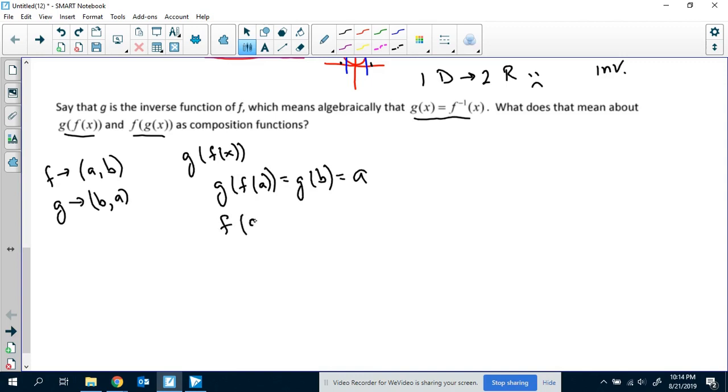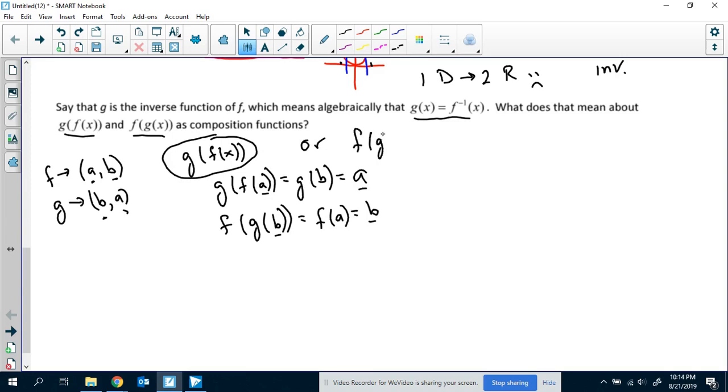Likewise, if I take F of G of B, I get F of A, which is B. Notice G of B gives me A, and then F of A gives me B. Notice in both cases, what I started with and what I ended with are the same. So if I take G of F of X or F of G of X, I should end up getting exactly what I started with.